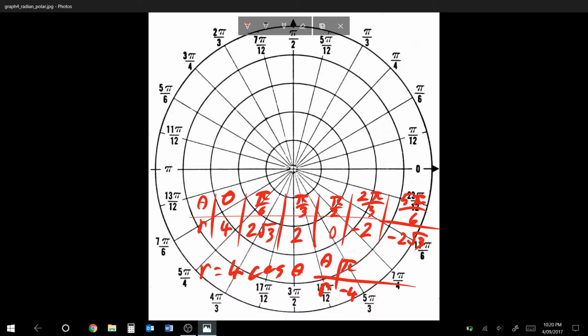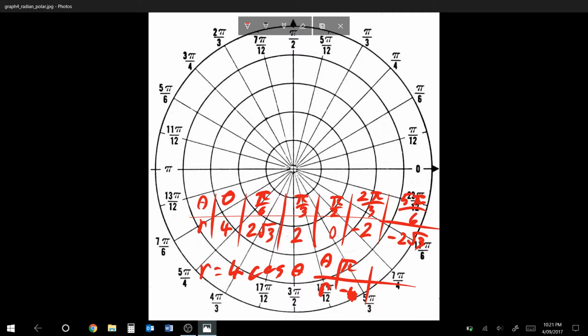And then we can repeat this process all the way to 2 pi, which is a full revolution. And what we'll find is that this pattern will go back in reverse towards 2 pi. So from negative 4, then go back down to negative 2 root 3, then negative 2, then 0, then 2, then 2 root 3, then 4.